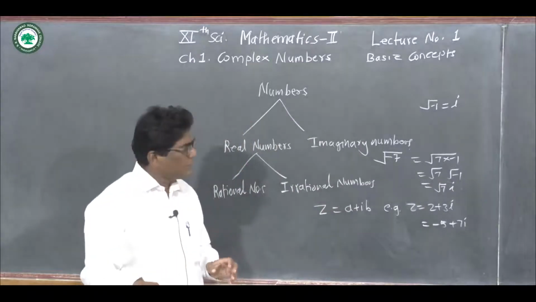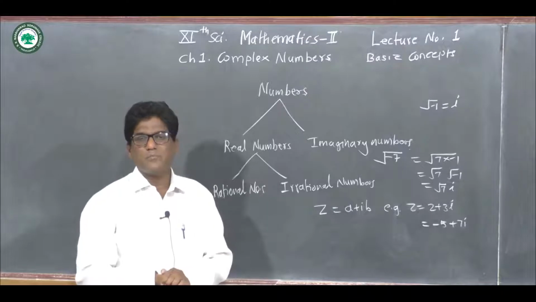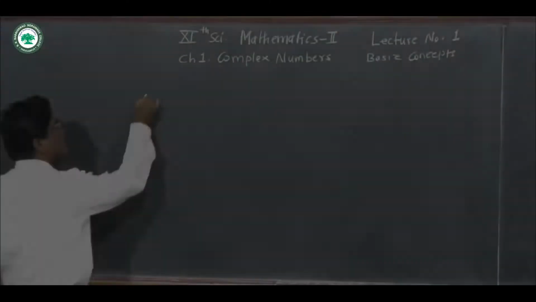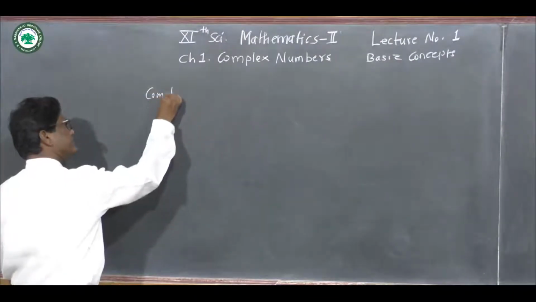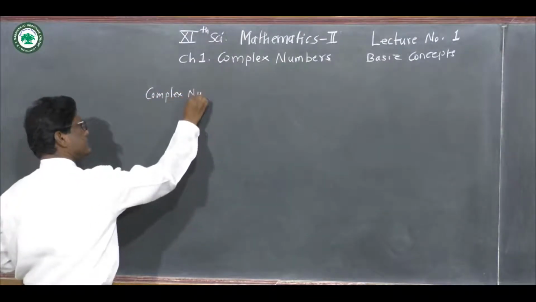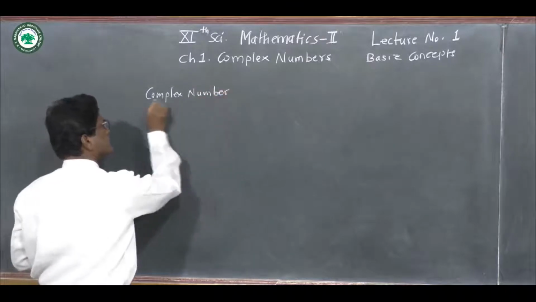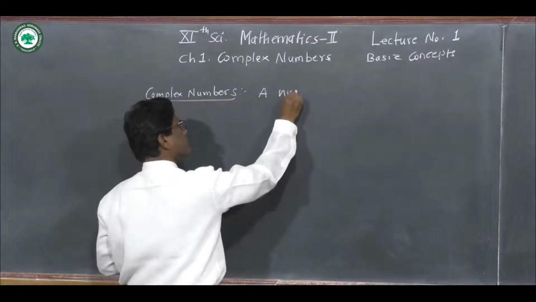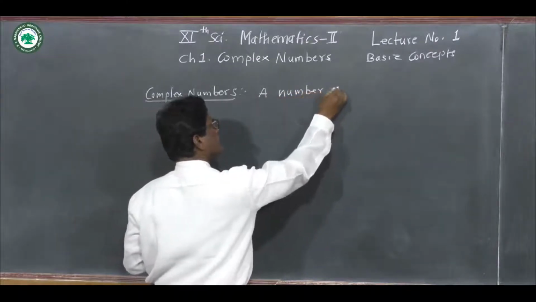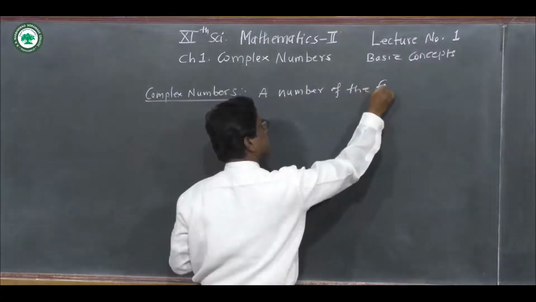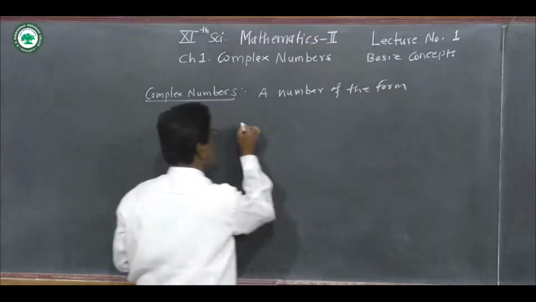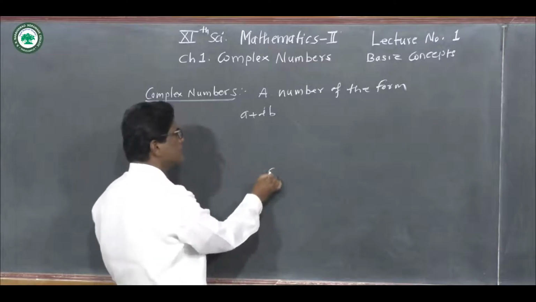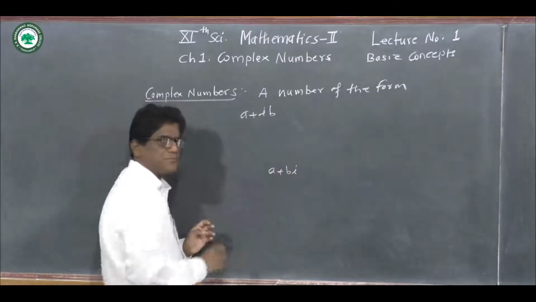Now what is the formal definition of a complex number? We see here the definition of complex numbers. A number of the form a plus ib, or we may write a plus bi also.